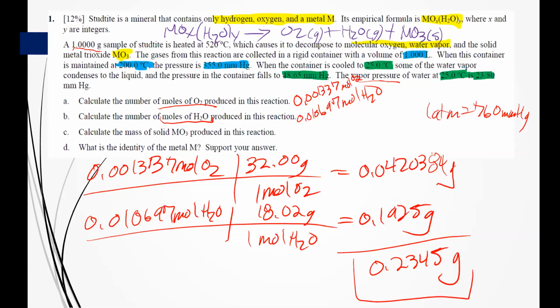So it's not. And so that extra mass is going to be our MO3. So we start off with 1 gram. We have 0.2345 grams accounted for now. And so our mass of our MO3 is 0.7655 grams of our MO3.